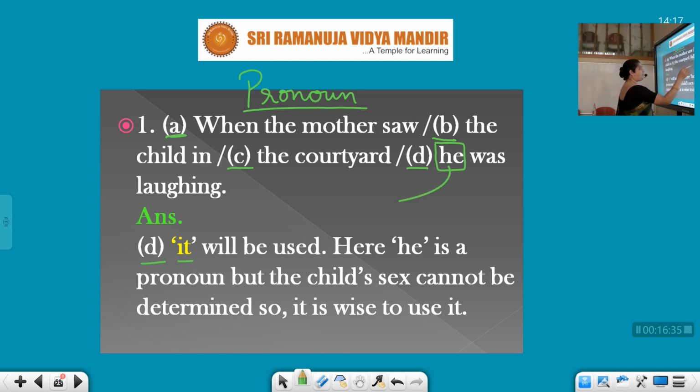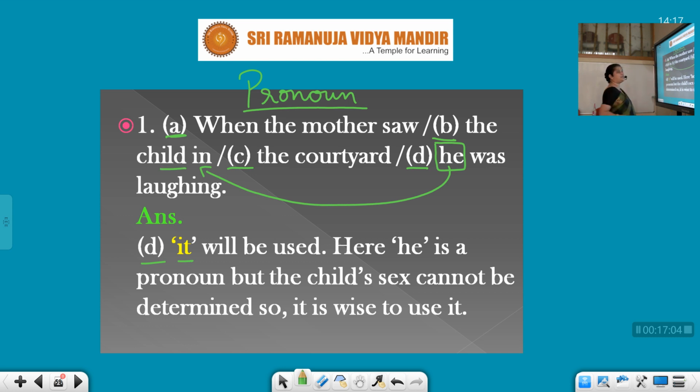So this he will be indicating the child. The pronoun he is to replace the noun child. Instead of again repeating the child, when the mother saw the child in the courtyard, the child was laughing. So instead of saying the child was laughing, I said he was laughing. So what is he replacing? It is replacing the child.